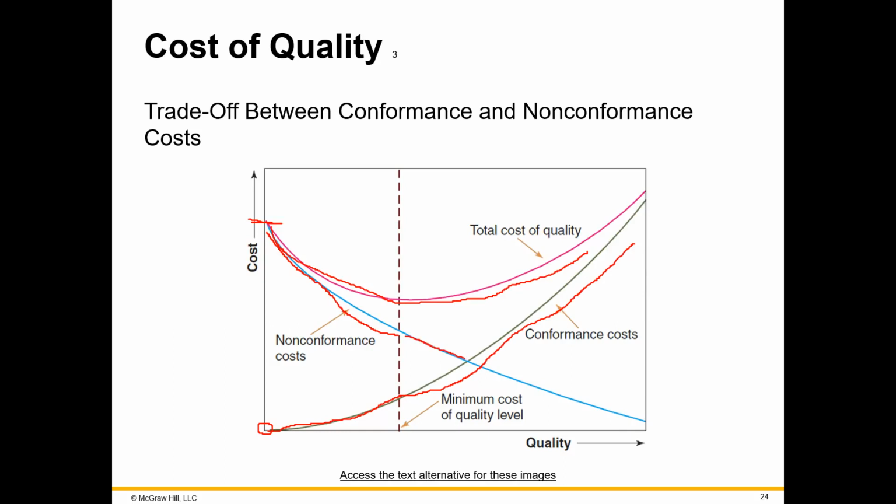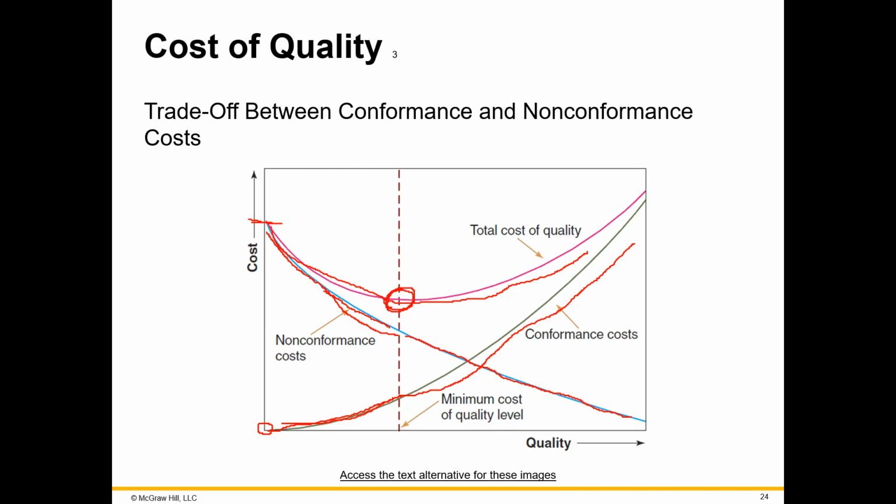So this chart tells us that our lowest total cost of quality is at this point. So we've done a certain amount of conformance cost, and our non-conformance cost has fallen. And so a company has to decide how much to spend on conformance and non-conformance costs.